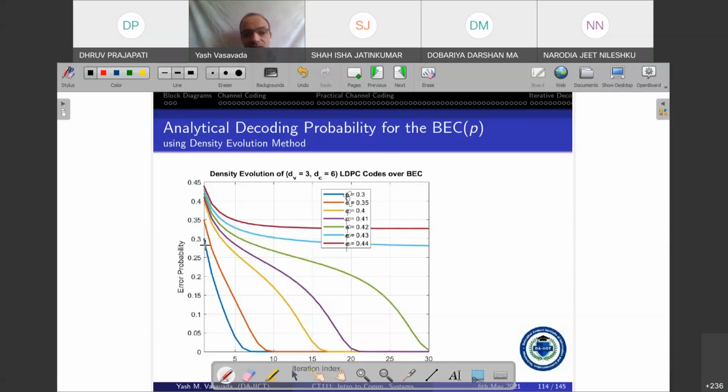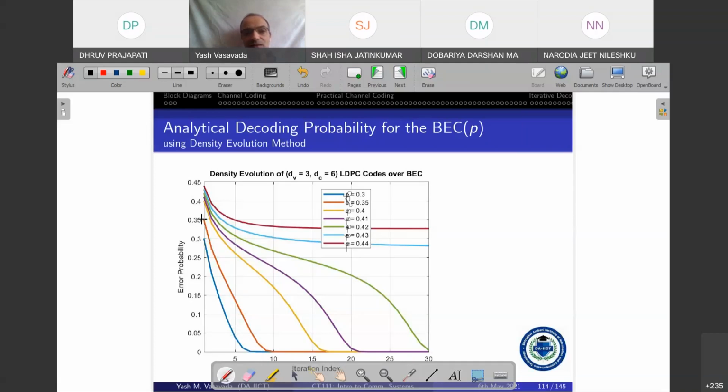Then for that eraser channel, what this shows is that this ideal LDPC code, which has no cycles, where the variable nodes have degree of 3 and check nodes have degree of 6, its error probability will start from 30% because that is the eraser probability of the BEC itself. And as the iteration progresses, the erasers will reduce. And after about 7th iteration, the eraser probability will become 0.